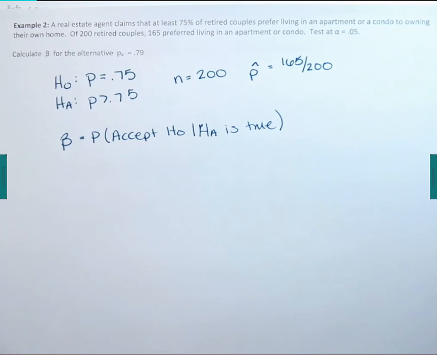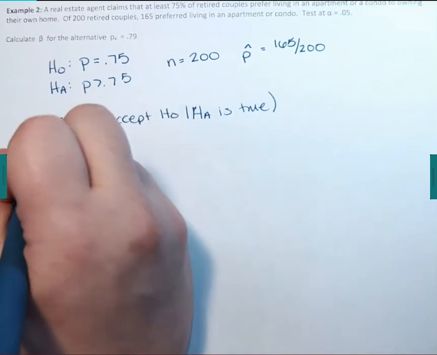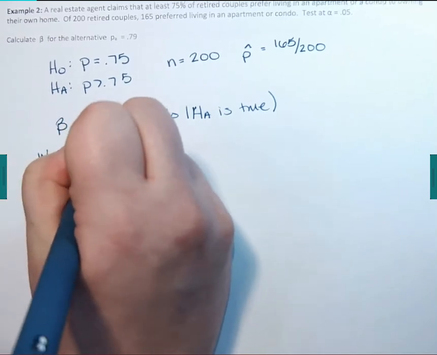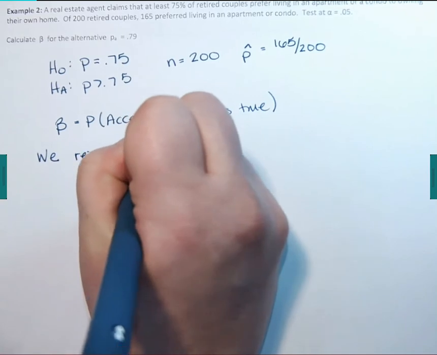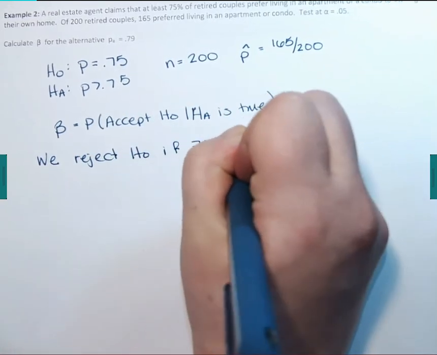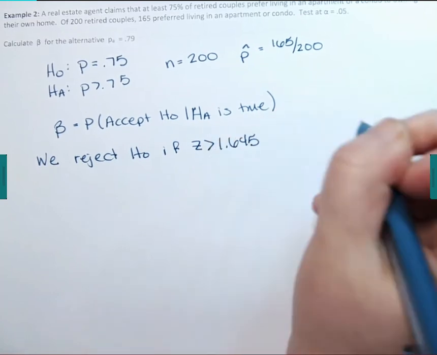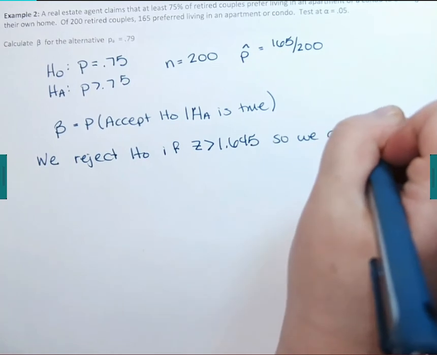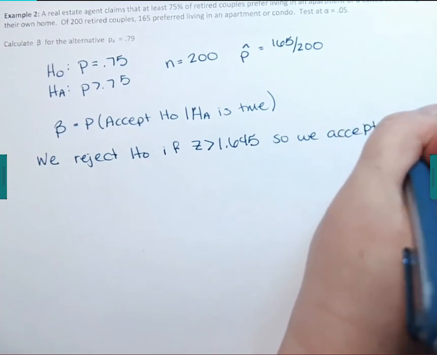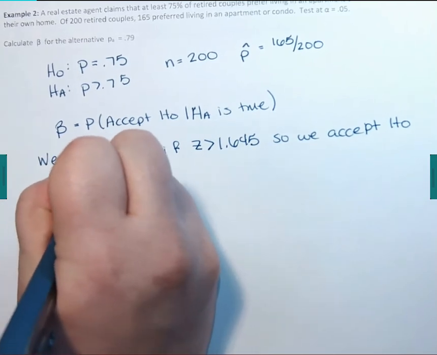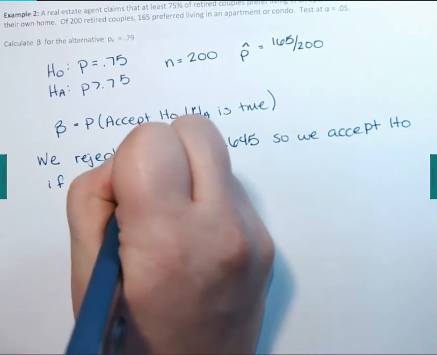All right, so we're going to calculate this very similar to what we did for the previous problem. So first, let's recall what the rejection region is. We reject H0 if Z is greater than 1.645. We accept H0 if Z is less than or equal to 1.645.